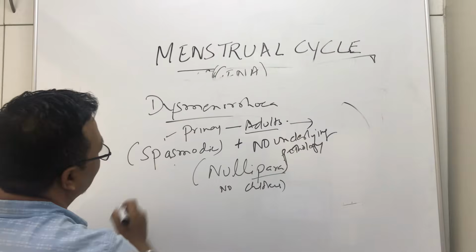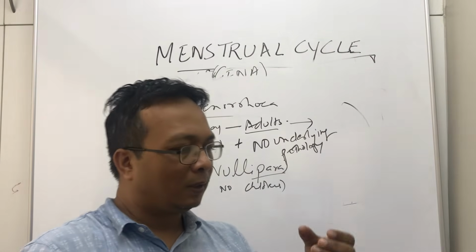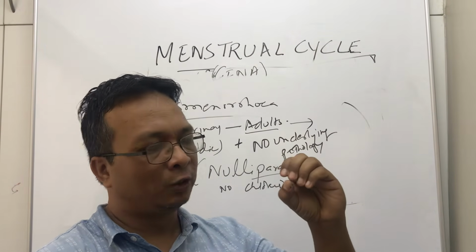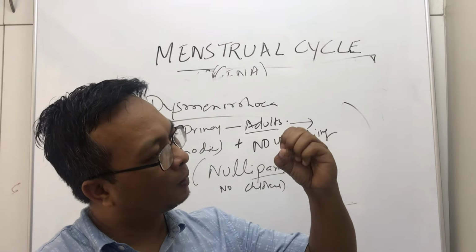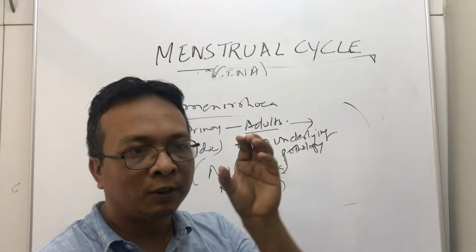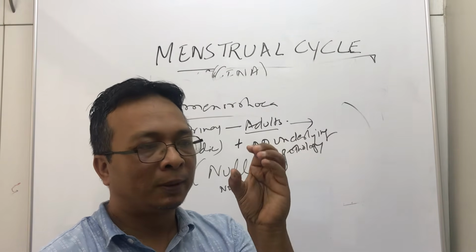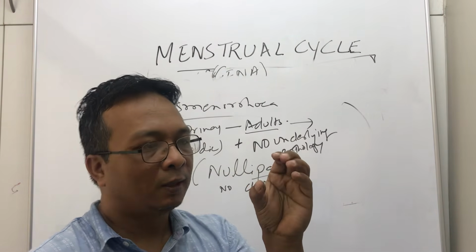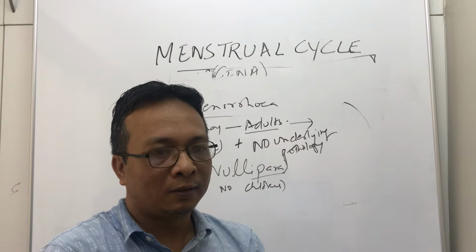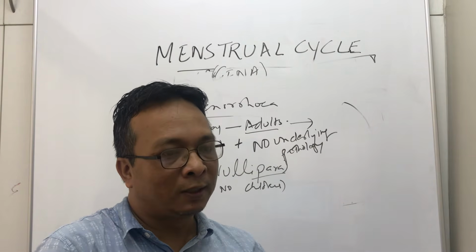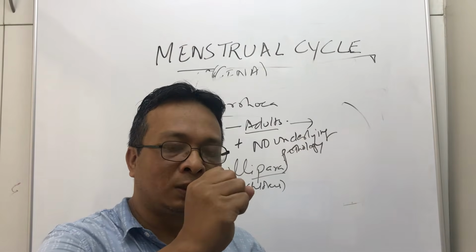Spasmodic. Spasm means, now this is a tube. When this tube goes into spasm, the pain is because of the spasm. It becomes narrowed. So spasmodic means this type of pain. Like intestinal pain, when there is abdominal pain because of the intestine or gallbladder, they close up. There is spasm.